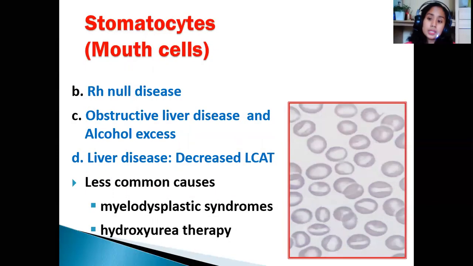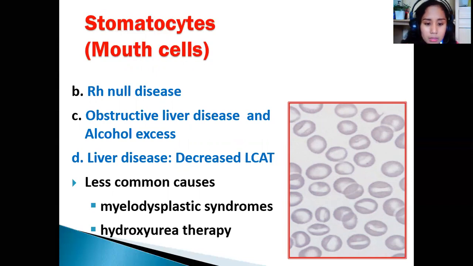What else, class? When you have Rh-null disease, you completely have the absence of Rh. Walang Rh. And next, obstructive liver disease. So, mga LCAT pa rin, decrease in LCAT.